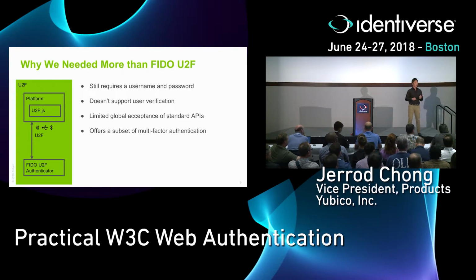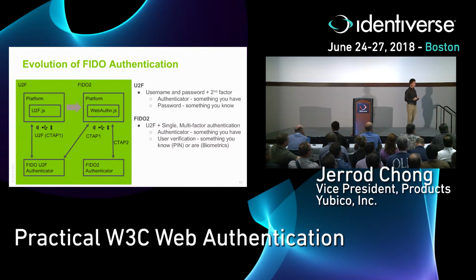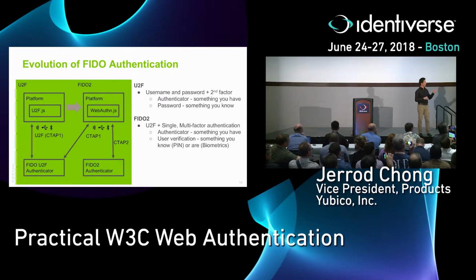But in the new model, which is very important to understand, the web authentication APIs work with U2F authenticators. So people who have deployed U2F authenticators can still use them with WebAuthn. Why? Because WebAuthn, as a spec protocol, is backwards compatible. This is a very key criteria here. And obviously, you have FIDO2 authenticators that have additional capabilities.